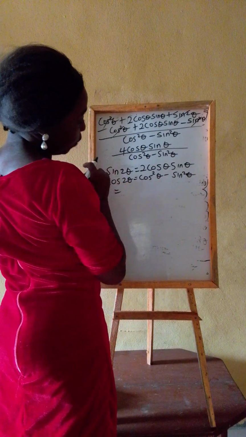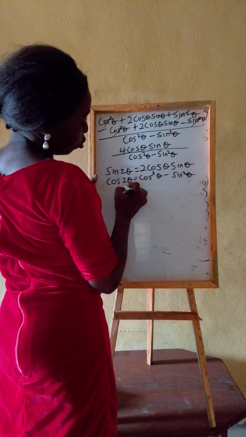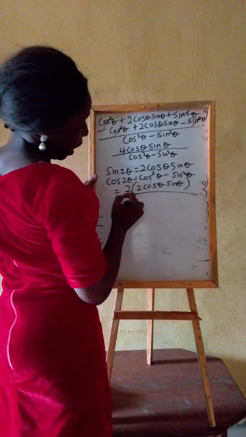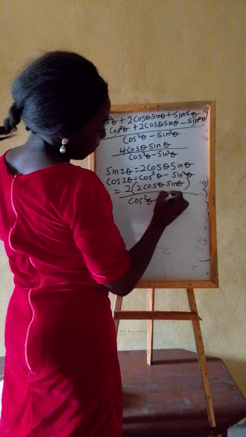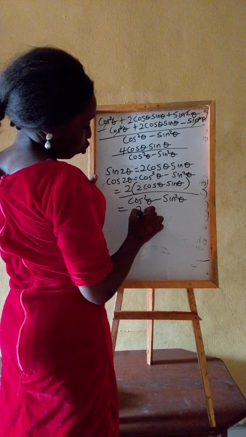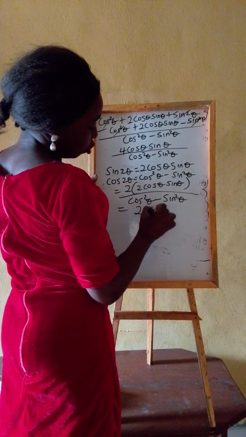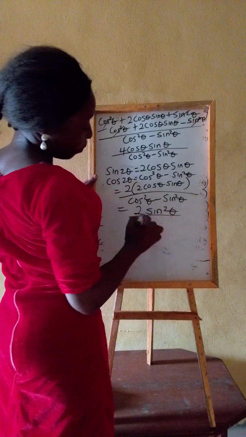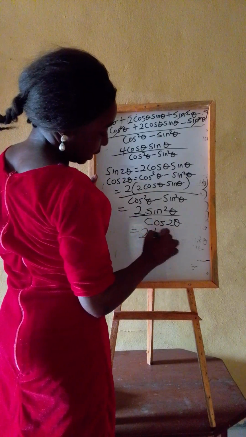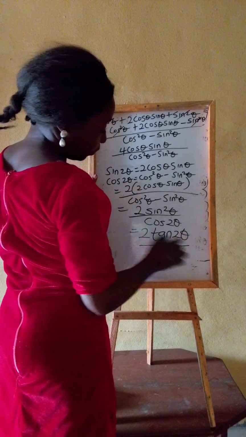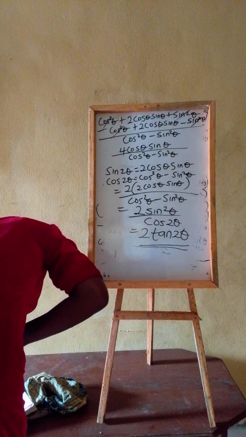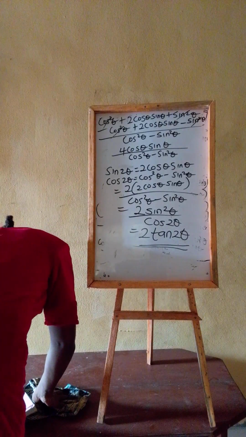So this 4 gives us 2 times (2 cos theta sin theta over cos square theta minus sin square theta). So we have 2 sin 2 theta over cos 2 theta, which gives us 2 tan 2 theta. That is our answer.